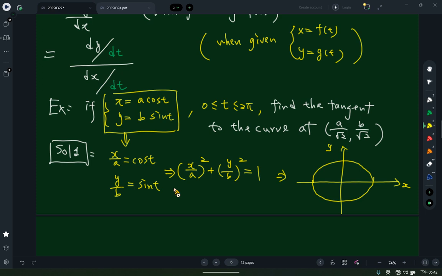So this is trying to describe the ellipse, and the point that the question requests is here. This point is a over square root of 2, b over square root of 2. Then we are trying to get the tangent. So in the past, if I give you this one and also give you the passing point, how can we get the tangent line?